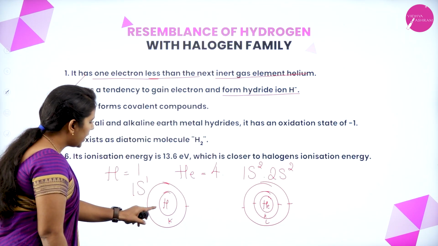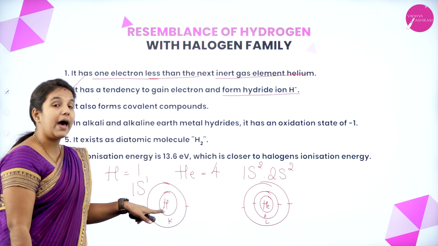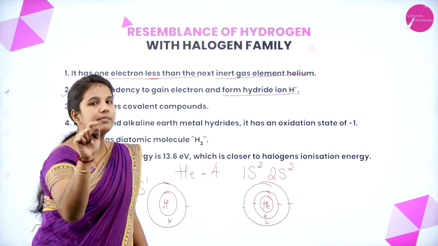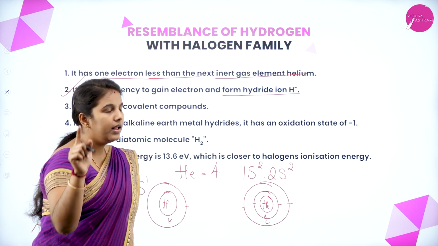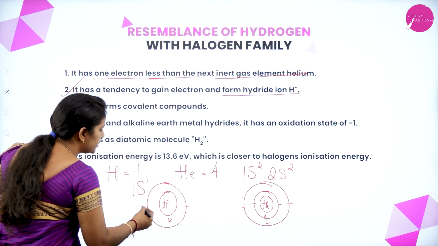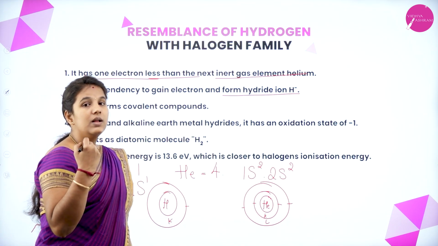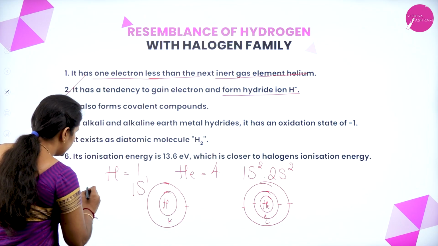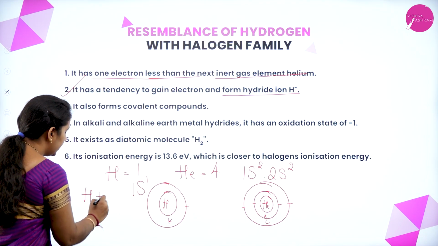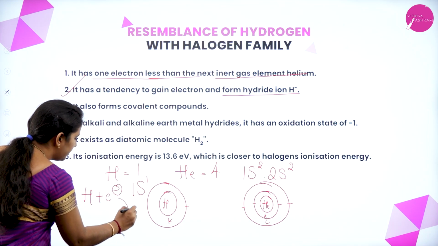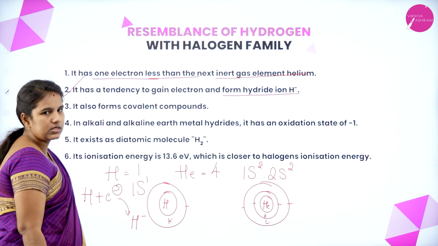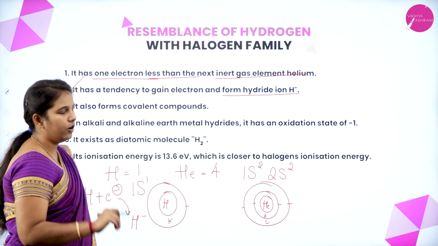So this hydrogen atom can easily accept 1 more electron to get a stable electronic configuration. That is, H can accept 1 electron and become H-, the hydride ion.